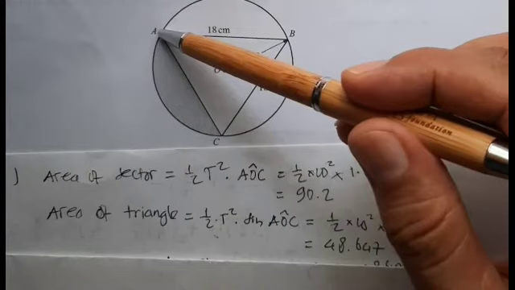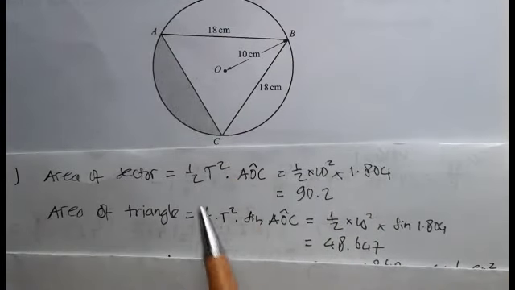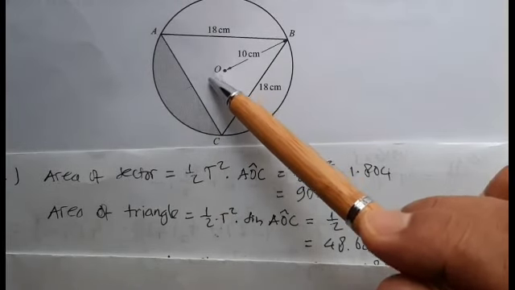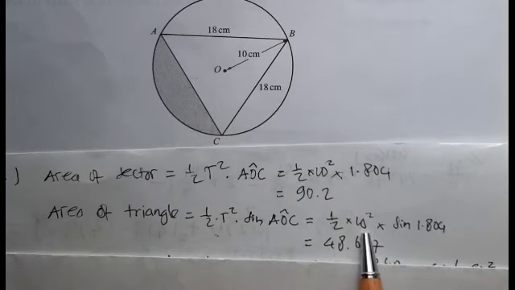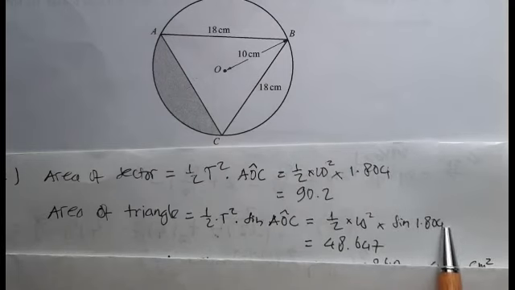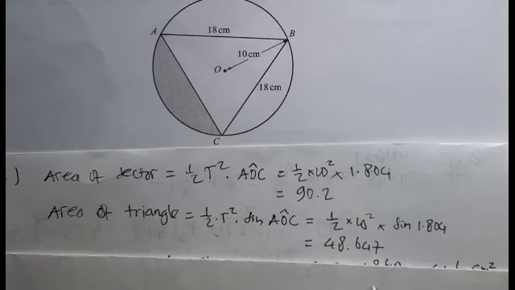The area of triangle AOC is half r squared times sine angle AOC. Half times 10 squared times sine 1.804, that is 48.647.